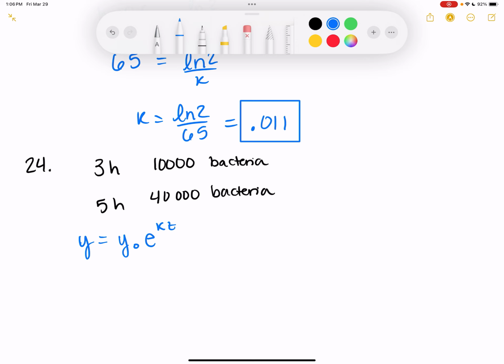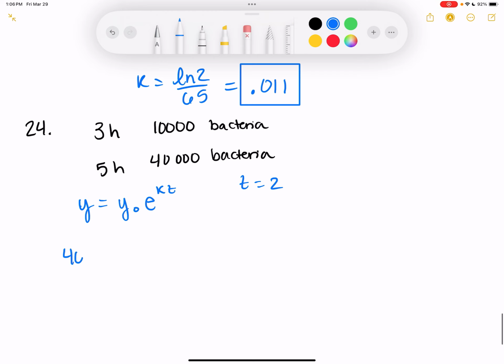Because in this period of time, how many hours have passed? Well, from 3 to 5. 2. So t is going to be 2 in this case. So I'm going to have 40,000 equals 10,000 e to the k times 2.